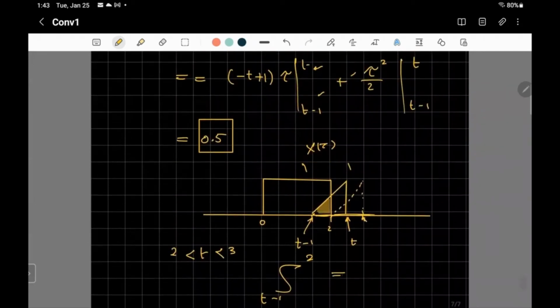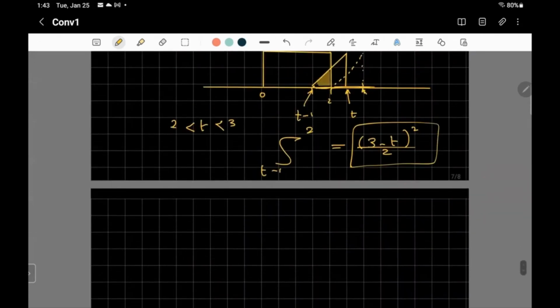Don't do the integration; take the result of the integration and use the limit from t minus 1 to 2. I'll give you the result from 2 to 3. I got 3 minus t squared over 2. I have to write it again clearly: y of t equals 3 minus t squared over 2, for t greater than 2, less than 3.